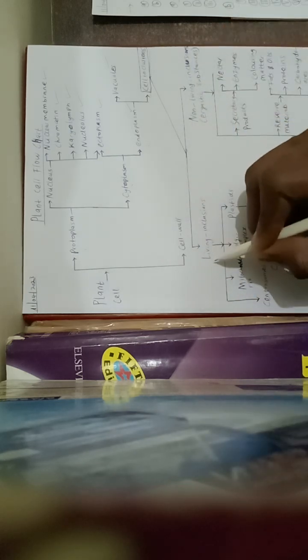Cytoplasm is divided into two parts: ectoplasm and endoplasm. Endoplasm is divided into two parts: cell vacuoles and cell inclusions. So, guys, cell inclusions is divided into two categories, as you can see: living inclusions and non-living inclusions.